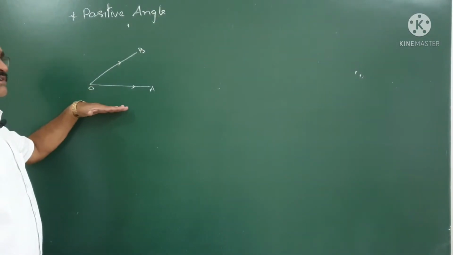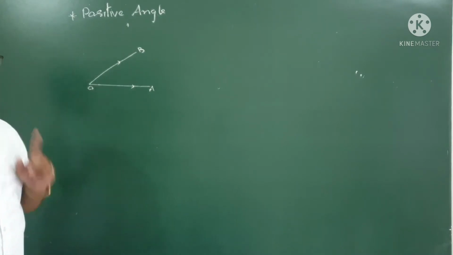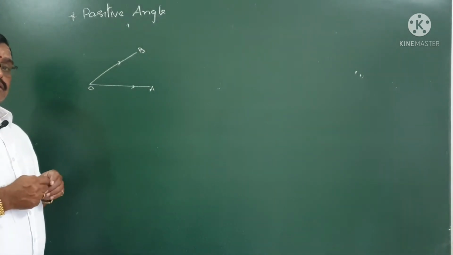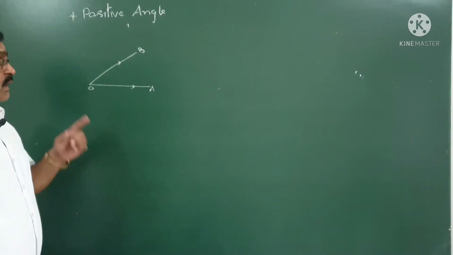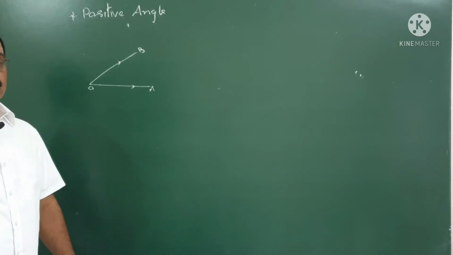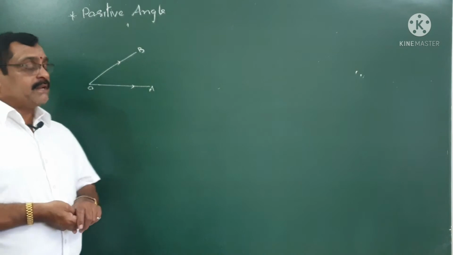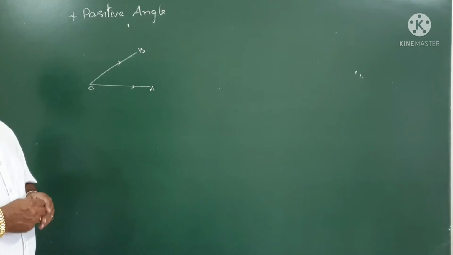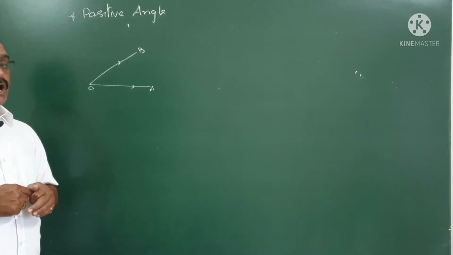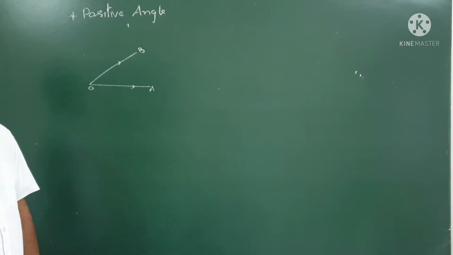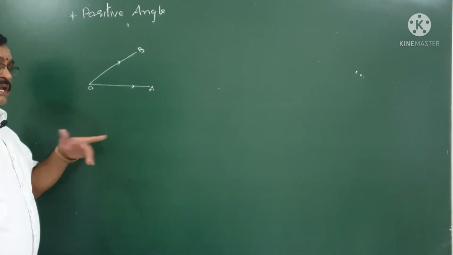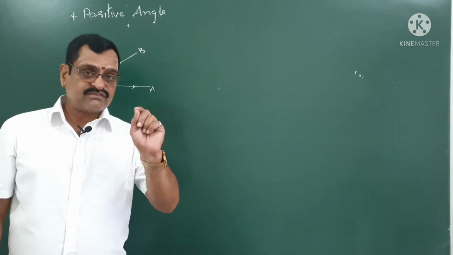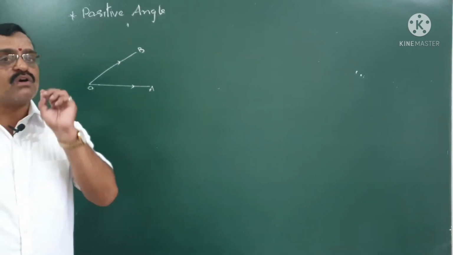Now, OA can reach the position OB in two ways. Number 1 is anti-clockwise direction. Number 2 is clockwise direction.